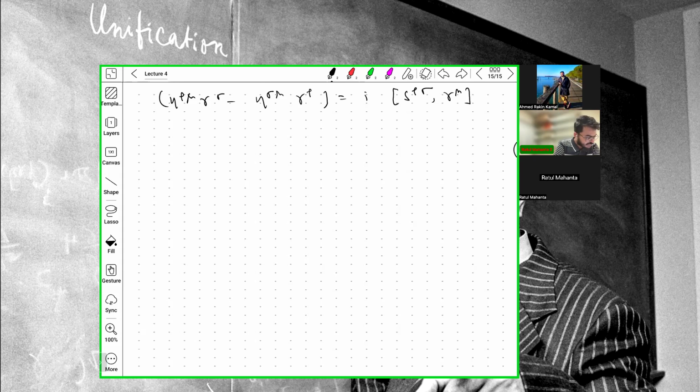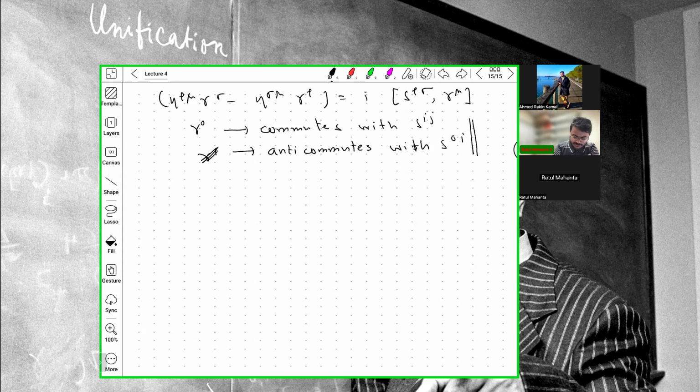Using this, you can check that gamma 0 commutes with S_ij, whereas this anti-commutes with A_0i. That you can check. And using this, you can also show that psi bar goes as psi bar x L inverse.